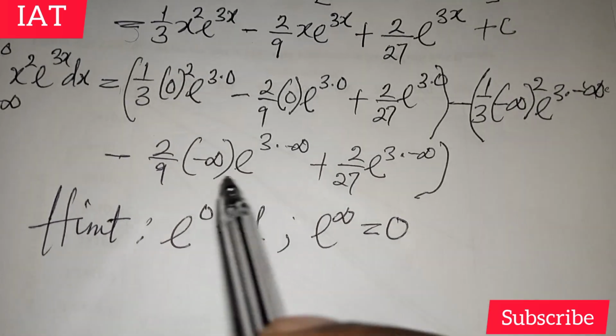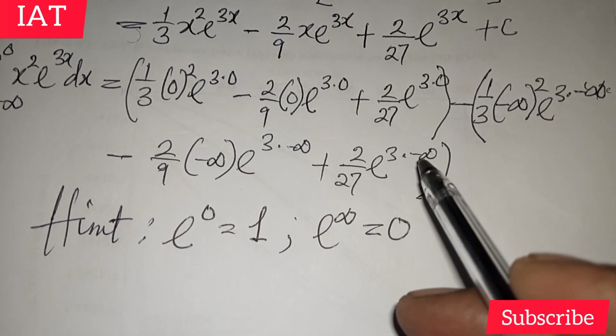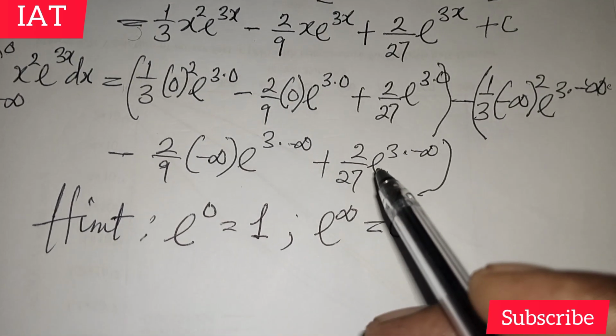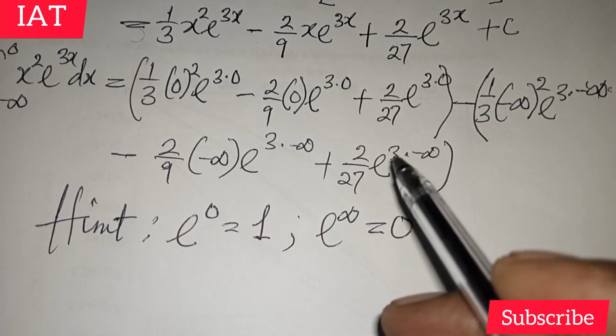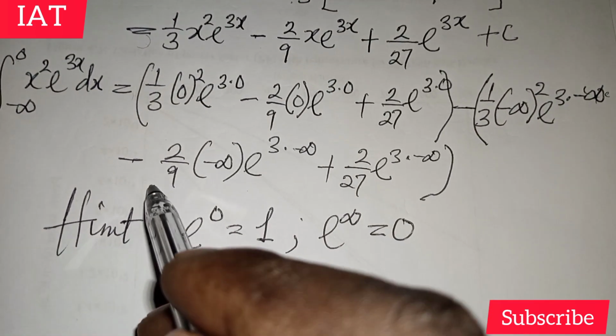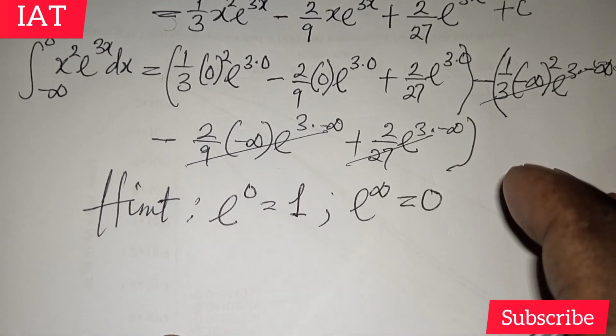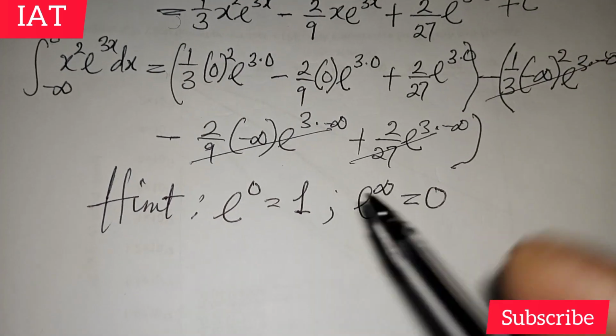The whole of this also will be 0. The whole of this will be 0. How? 3 multiplied by negative infinity will be also infinity. And if we have exponential infinity, that will be 0. 0 multiplied by this will be 0. That's the same method that works for this, and also works for this. So that means the right hand side has vanished.